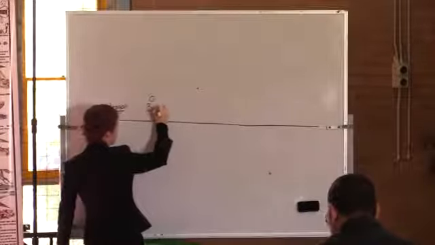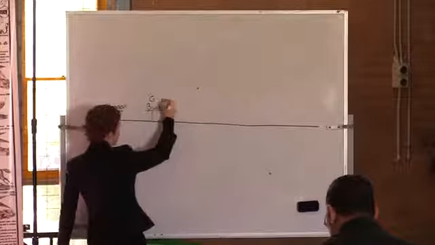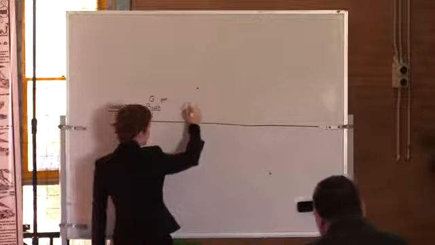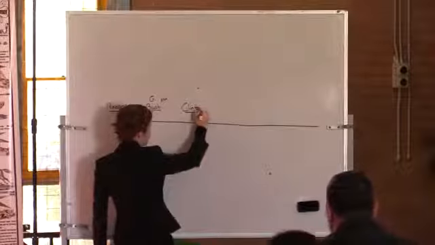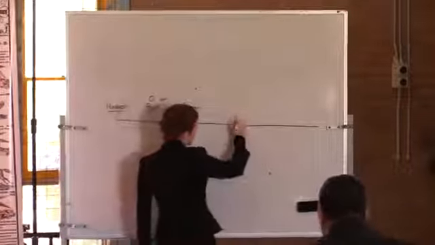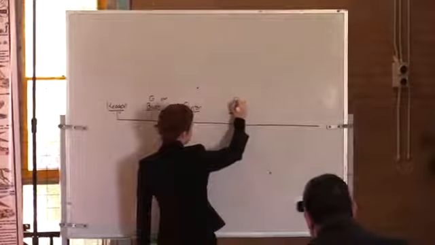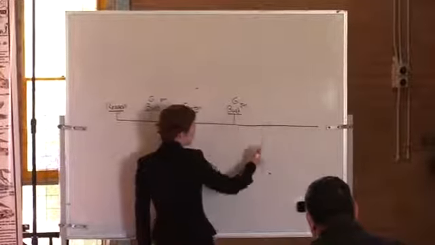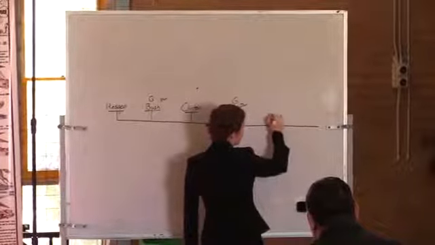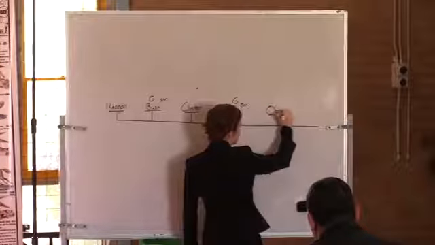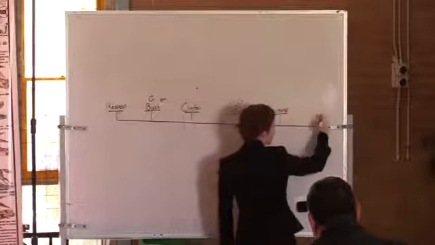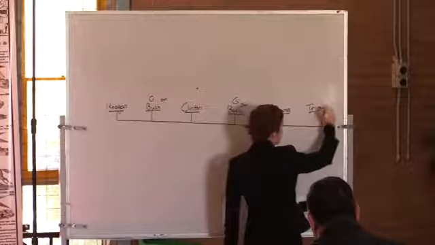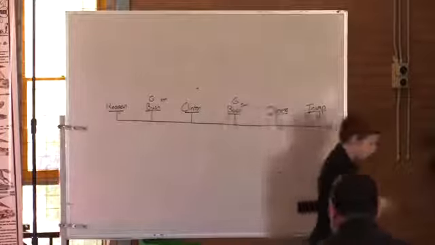George Bush Sr. Next president? Next president? George Bush Jr. Next president? Next president? So how many presidents? 6 presidents featuring on our reform line.